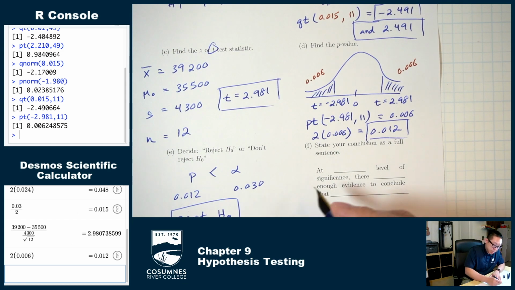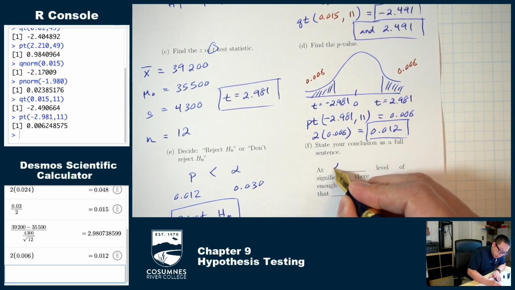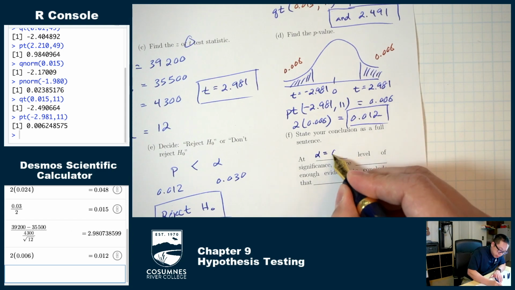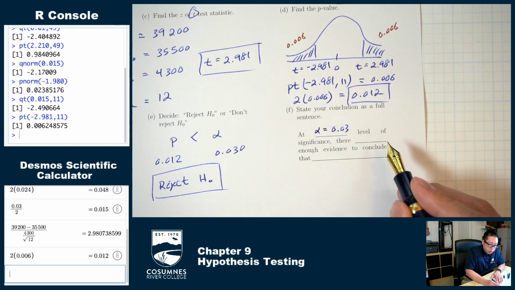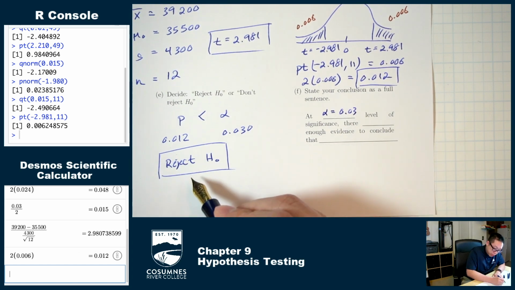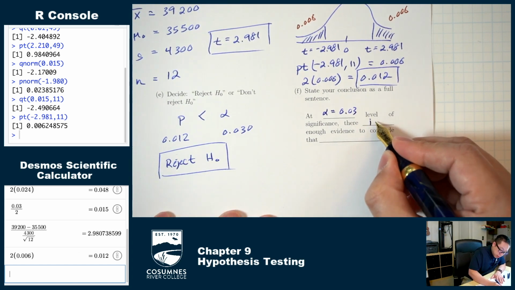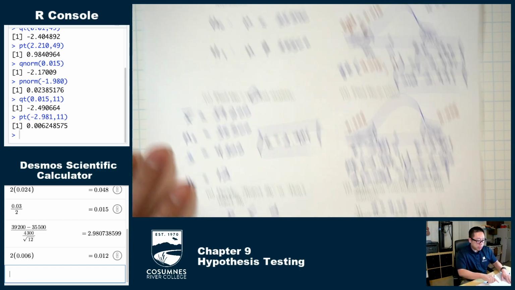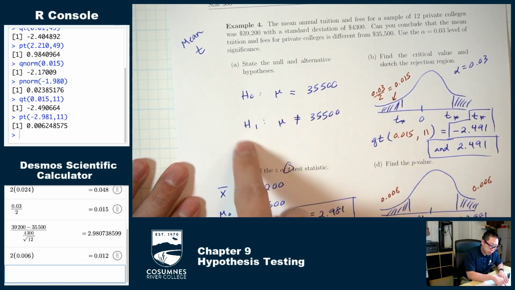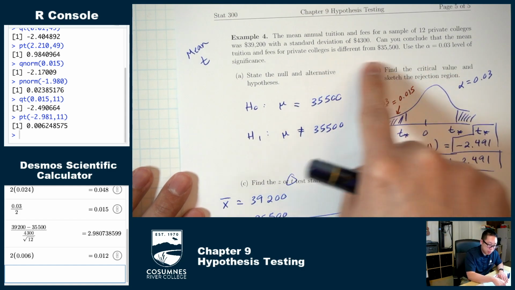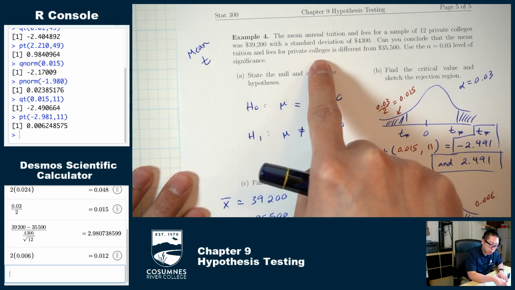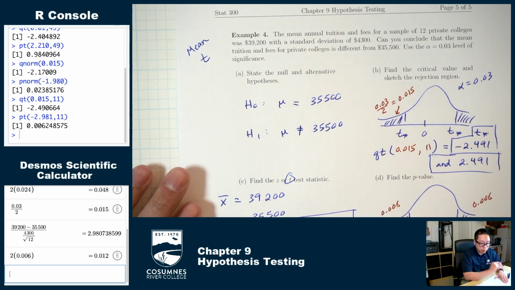And then finally, at alpha equals, our significance level was 0.03. There is or is not enough evidence. So because we did reject, there is enough evidence to conclude that, and then restate H1 in a sentence. You can either write it from here, or it should be in the question also. Can you conclude that the mean tuition fees for private colleges is different from $35,500?